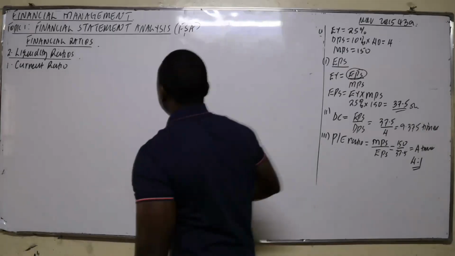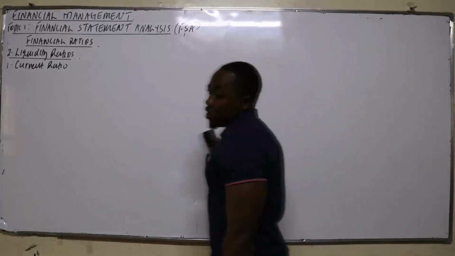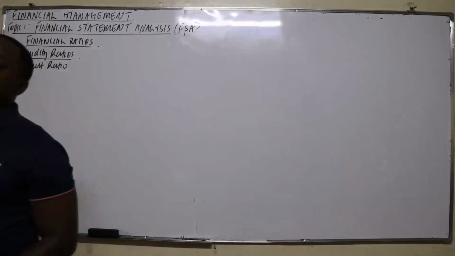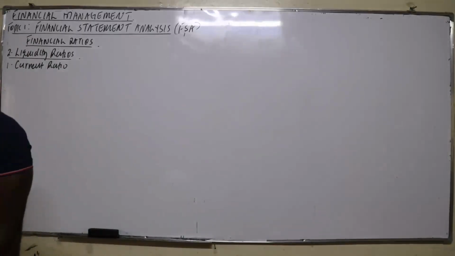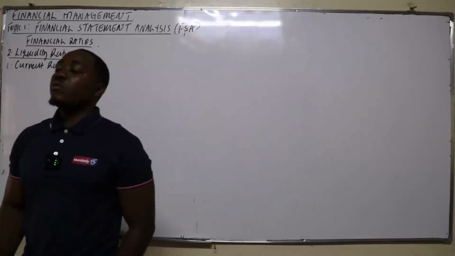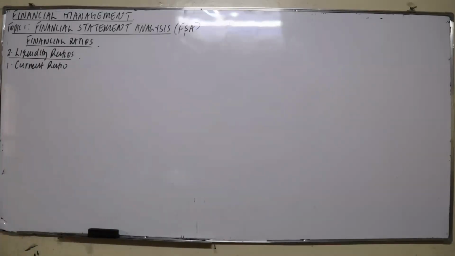This indicates the number of times current liabilities can be paid out of the current assets.